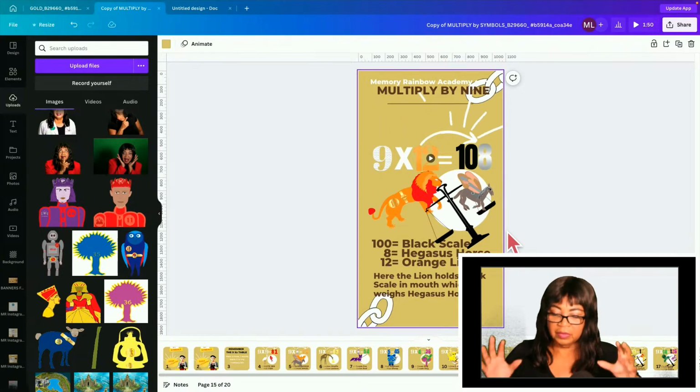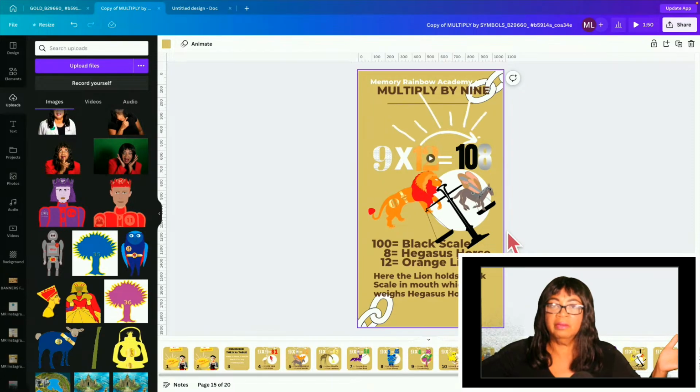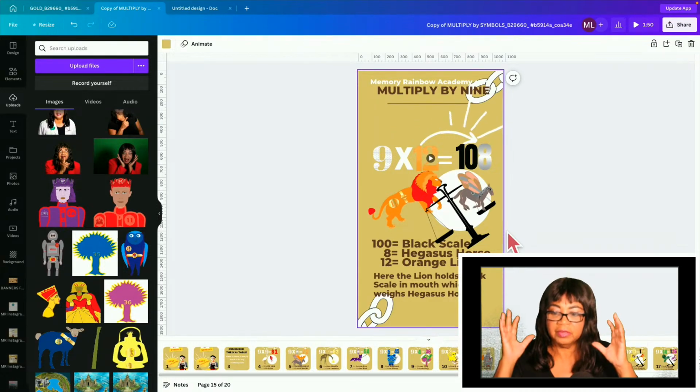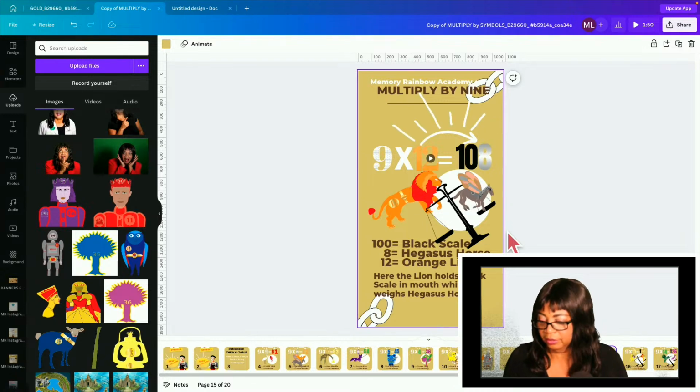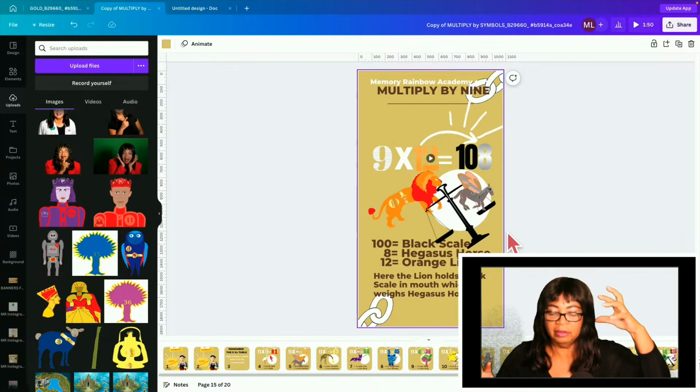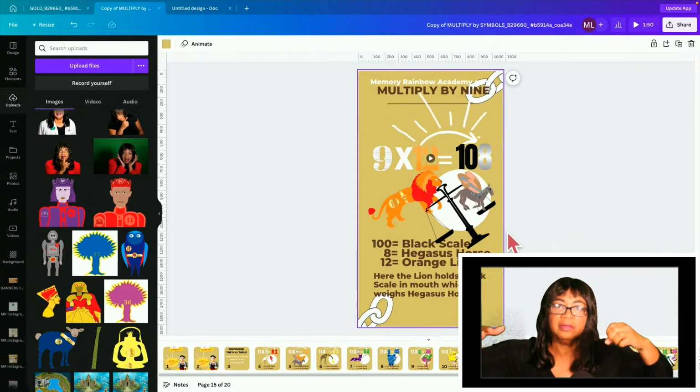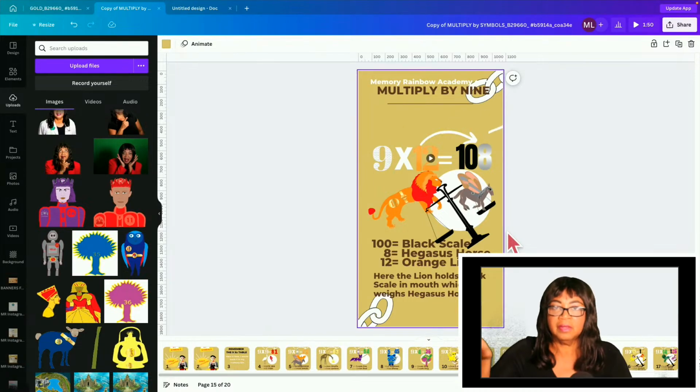So you've got this image of this orange lion and this winged horse on this black scale. And that is going to be 9 times 12. Now, just keep that image in your mind, and it will make a lot more sense to you if you close your eyes and just think about it. Plant that orange lion holding the scale, and then you have this winged horse flapping its wings on the scale, as the scale is weighing it.